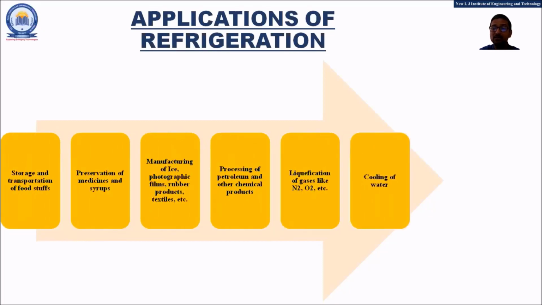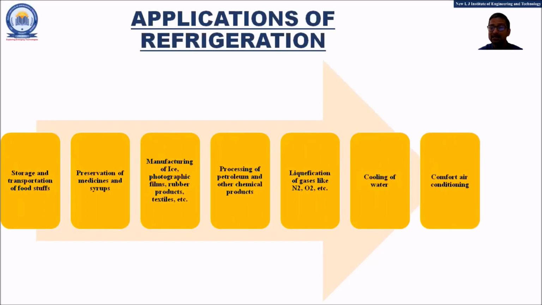The next application is very easy to understand: for cooling of the water. Now as the summer proceeds, we all will be drinking cool water. So for cooling the water, refrigeration plays an important role.